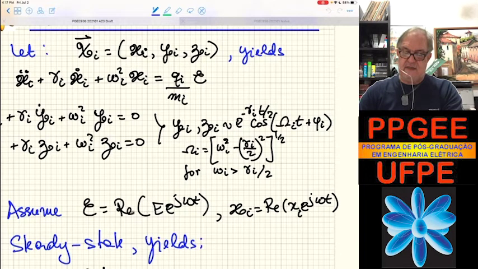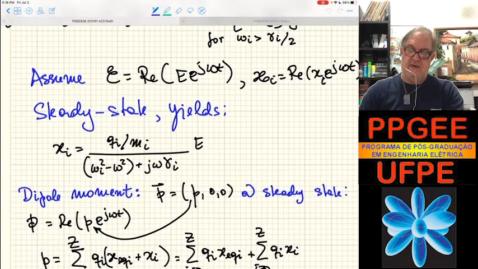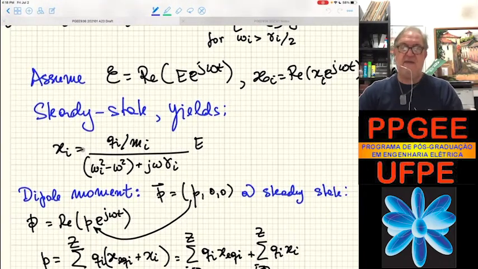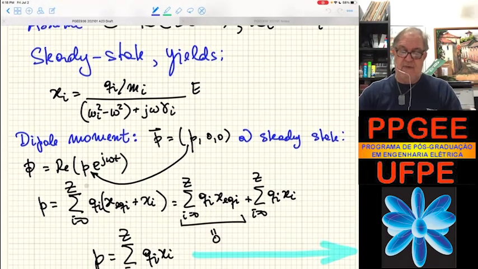Again, we assume the steady state, and then we have again the same result. The only difference is that xi now has those parameters, resonance frequencies and damping frequencies, for the ith charge in the system. So then you go to the dipole moment, which at steady state is going to be something like this, only one component. And the time domain dipole moment is the real part of this straight p here.